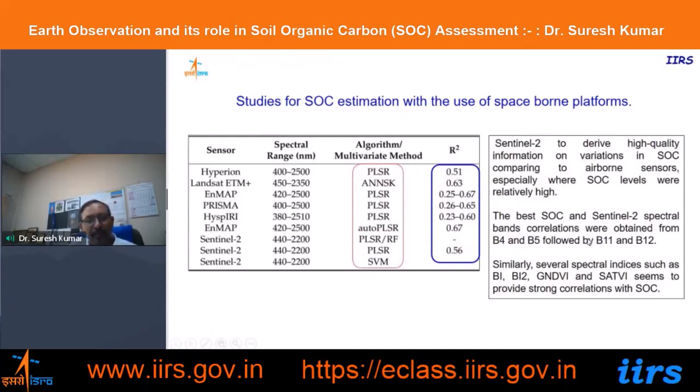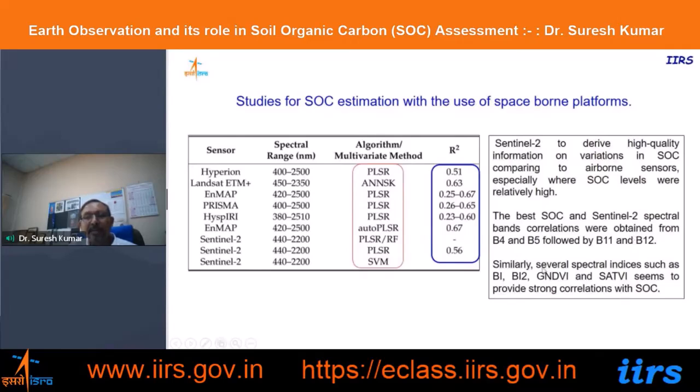But recently Sentinel satellite data has been used for soil organic carbon, and researchers have concluded that band 4, band 5, band 11 and band 12 are very useful for mapping of soil organic carbon.